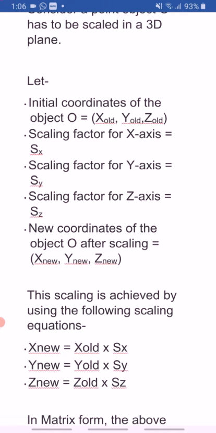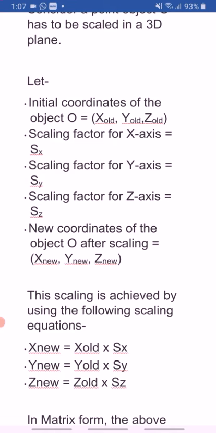So, let the initial coordinates of the object O be x old, y old, z old. Then the scaling factor for the x-axis is sx, the scaling factor for the y-axis is sy, and the scaling factor for the z-axis is sz.